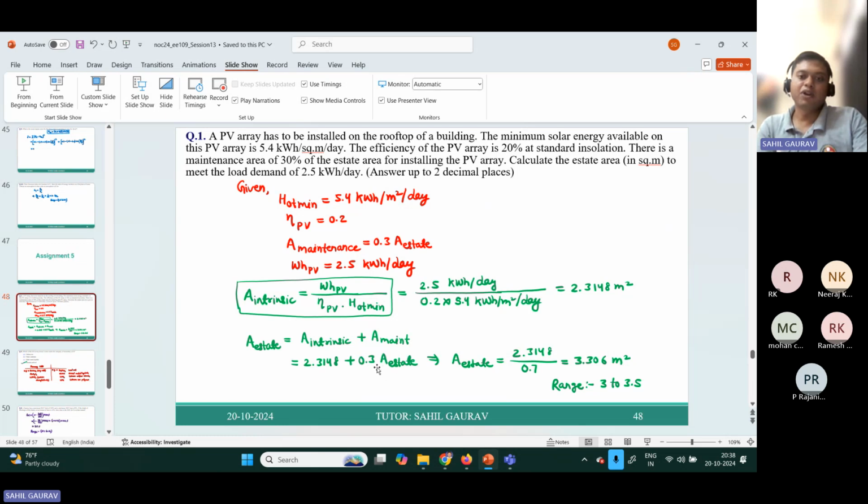And maintenance area is given as 0.3 of the total area. So total area will come as 2.3148 upon 0.7. So the answer is 3.306 meter square. So this is important: how to find the intrinsic area? Intrinsic area is the ratio of the load demand upon the solar energy available into the efficiency of the PV array.